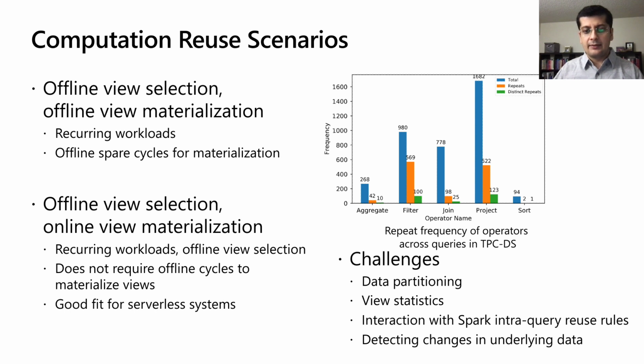We also encountered many challenges during integration with the Spark Optimizer. For example, optimizing view scans, interference from other Spark rules, and detecting changes in underlying data. Note that currently SparkCruise handles only recurring workloads.